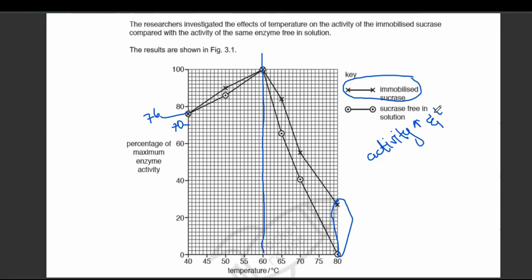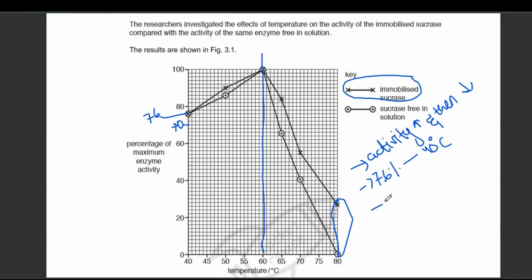Okay. So try to get full marks for this question at least, because here you do not have any different format. And you can write at 40 degrees Celsius, 76% of maximum enzyme activity can be seen for both. Okay.